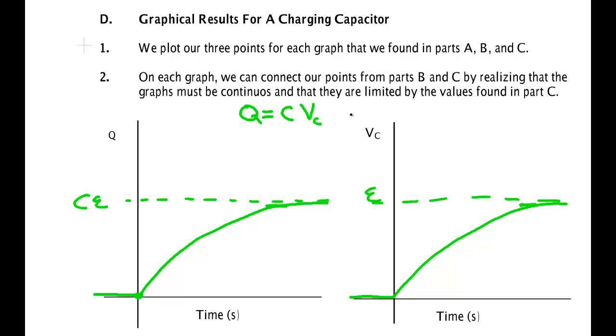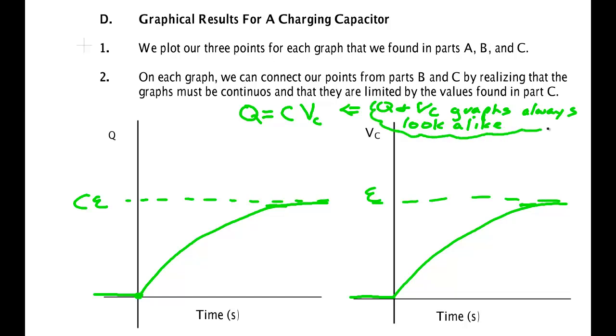So, because of this relation, Q and VC graphs always look alike. That's what the definition of capacitance tells us.